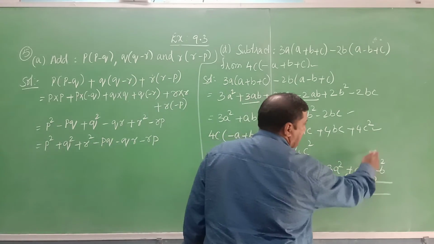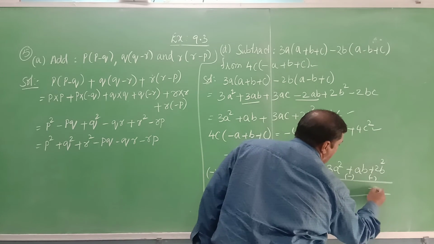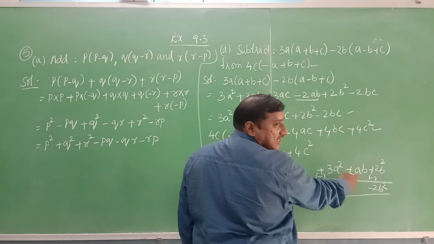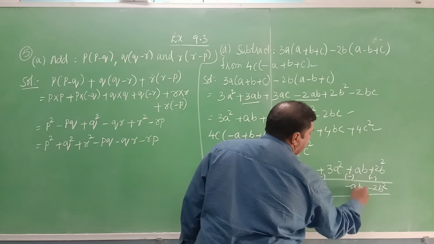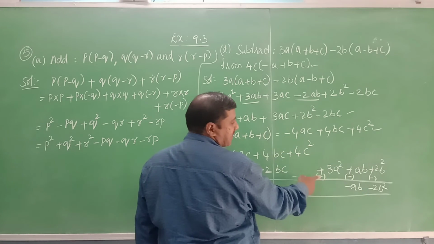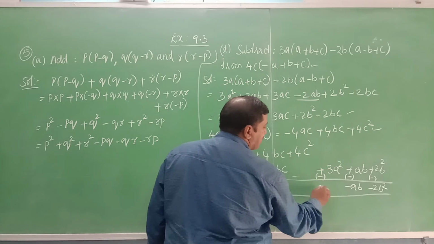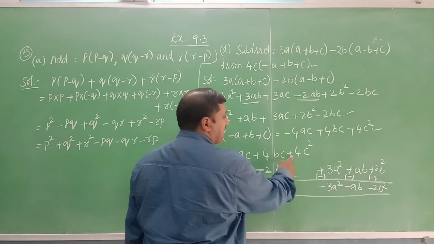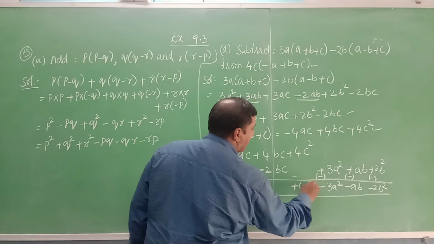Here there is no term, it is 0; 0 minus 2b square is minus 2b square. There is no like term for ab, so 0 minus ab is minus ab. Then plus 3a square changes to minus 3a square, here it is 0, so we get minus 3a square. And here it is plus 4c square, there is no other term, so we get plus 4c square.